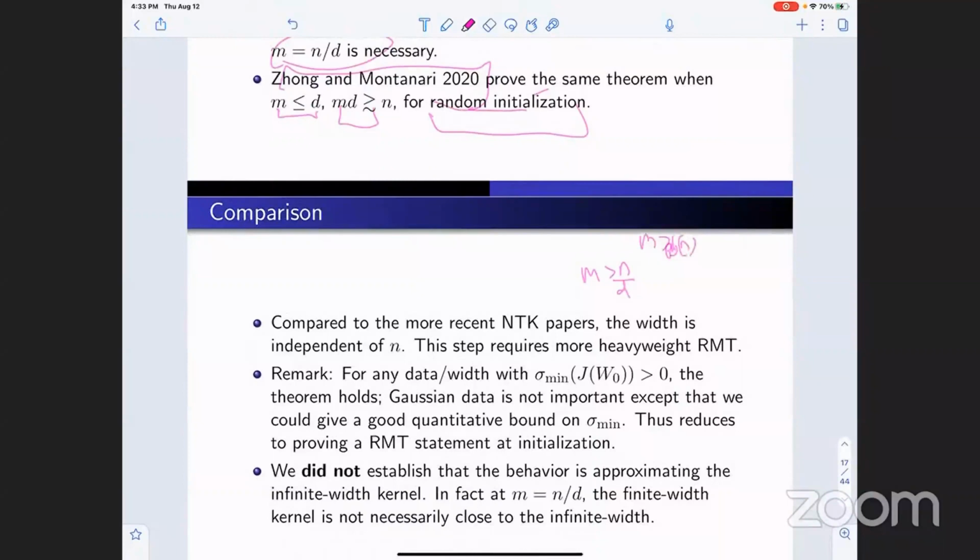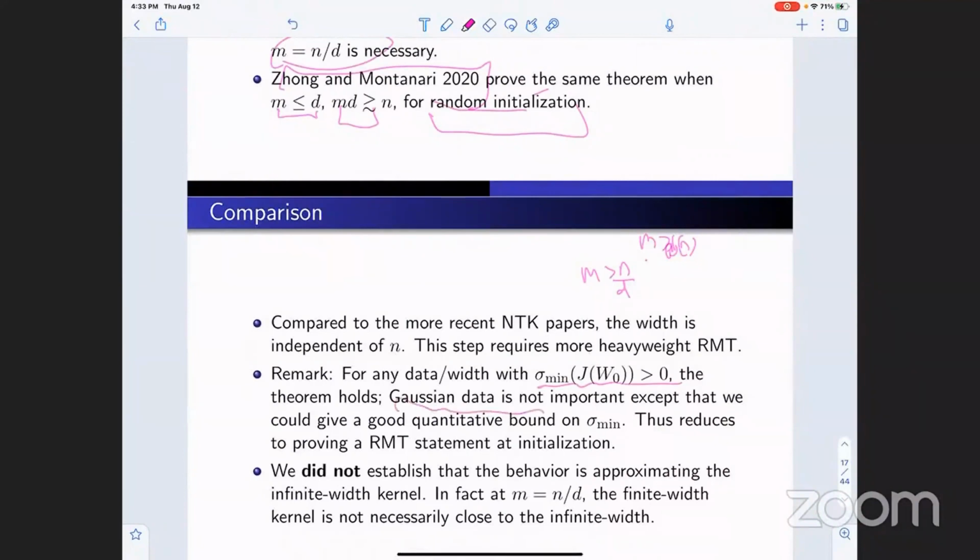What you gain here is because you were able to prove a bound on this Jacobian at W0, and you used a little bit more heavyweight random matrix theory compared to the more recent NTK papers, which just use data separation conditions. So you're leveraging here the Gaussian data.